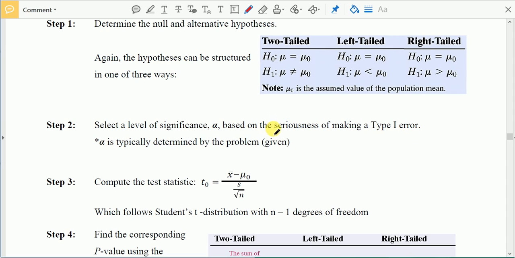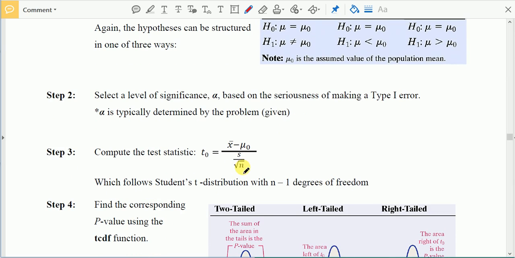Once you have that, you can compute the test statistic T0, using the formula we just talked about, and make sure that it follows the T distribution with n-1 degrees of freedom.